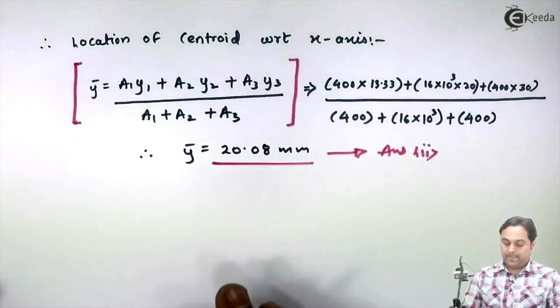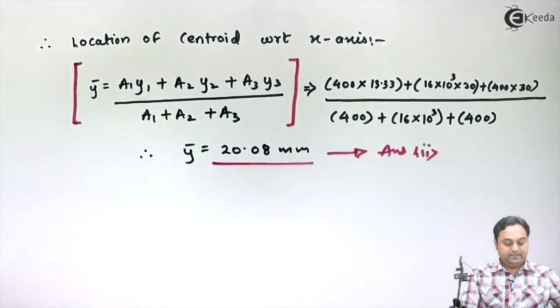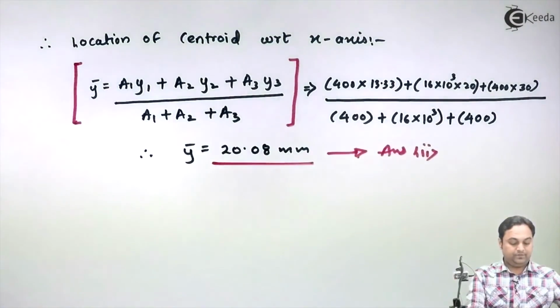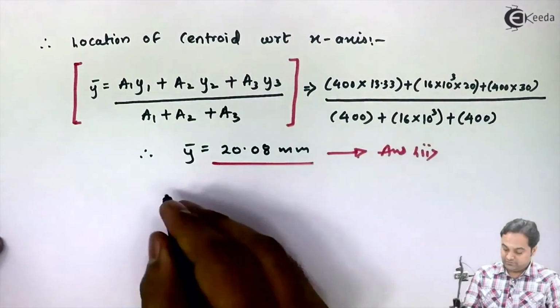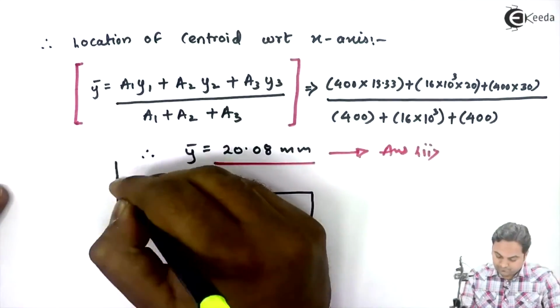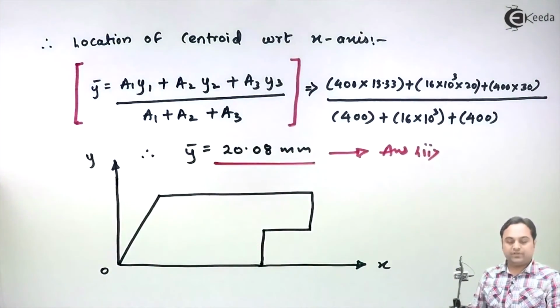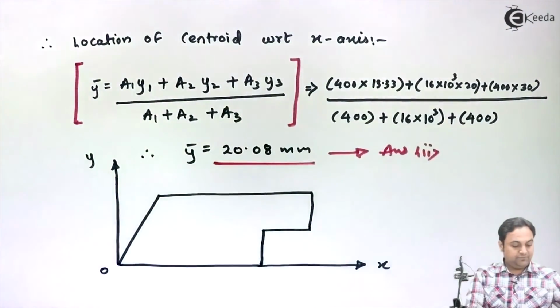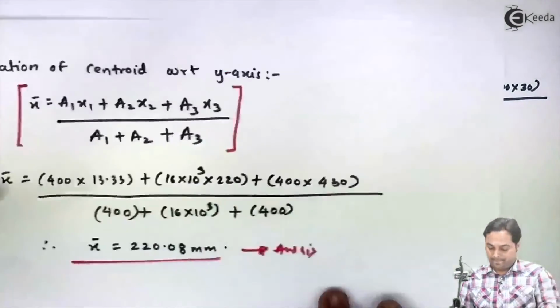Now once I have got x bar and y bar, I can easily show it onto the diagram, the cutout section which was given. The x bar value we have calculated was 220.08 mm.